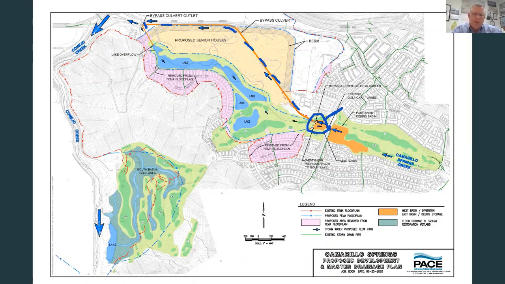And so the only backflow preventer or flap gate has to happen here at the lake overflow. We said that only small flows are allowed to come in, and we store roughly 90 acre-feet in this golf and lake area in the 100-year event.